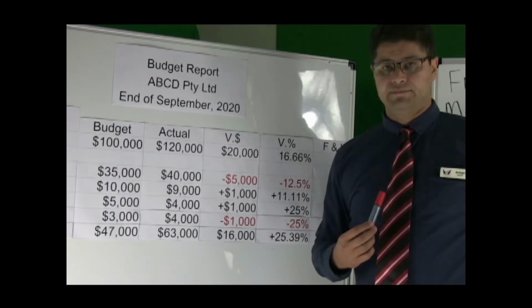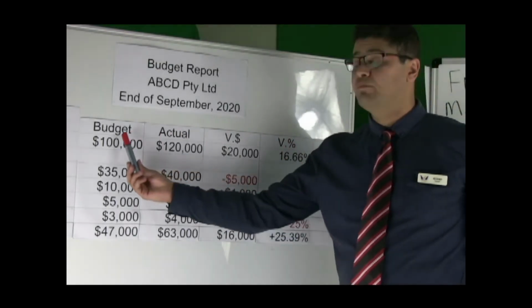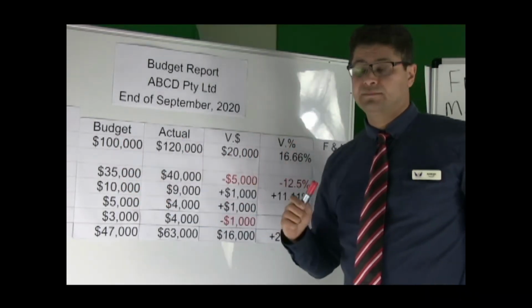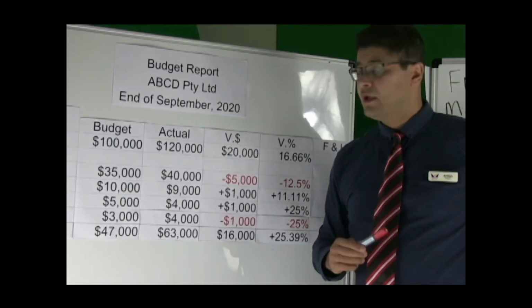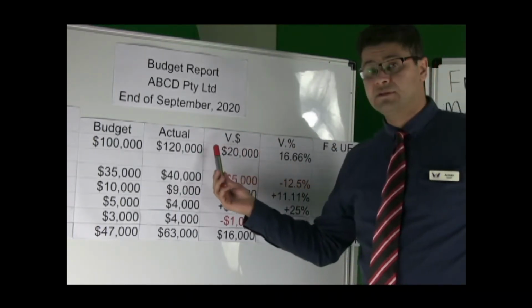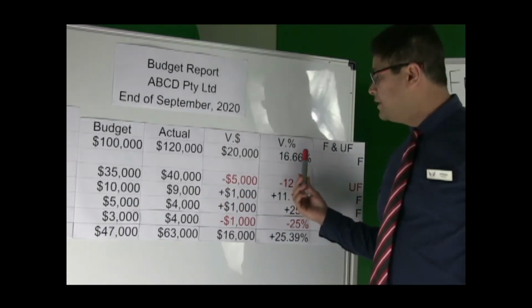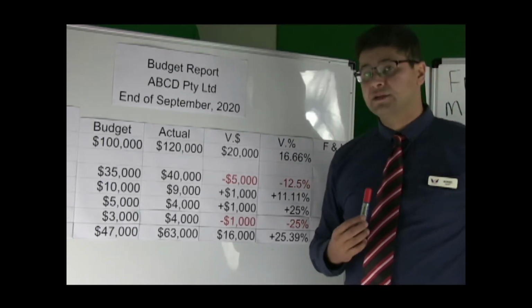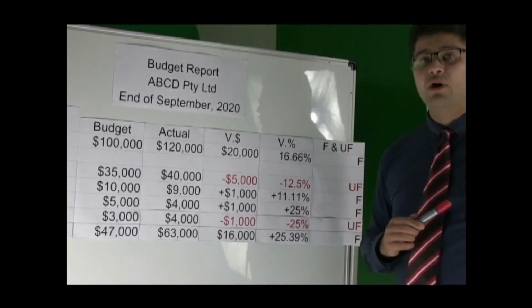Analyzing is the difference between budgets, or what we call benchmarks, and actual data. We need to find variances, and we can also calculate them as percentages. And lastly, we need to say whether it is favorable or unfavorable.